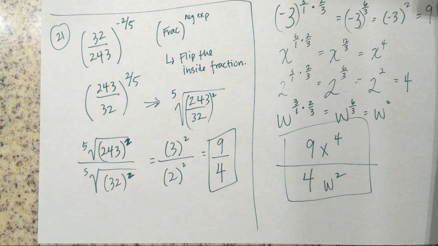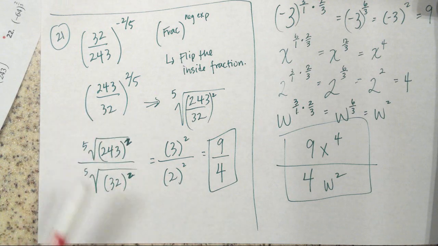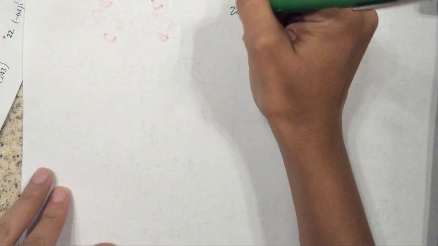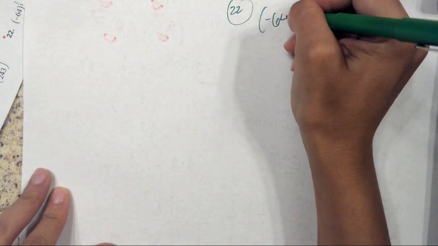Alright, last one I'm going to do from this section is number 22. So let's go, I'm going to turn to that and do number 22. So I have negative 64 to the 2/3 power. Now there's different ways. You can write this in radical form, or you can try to break down the 64. Let me see.